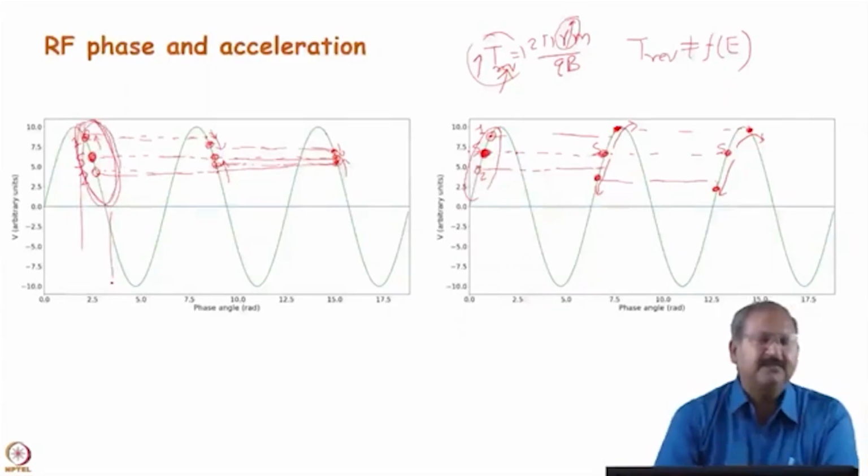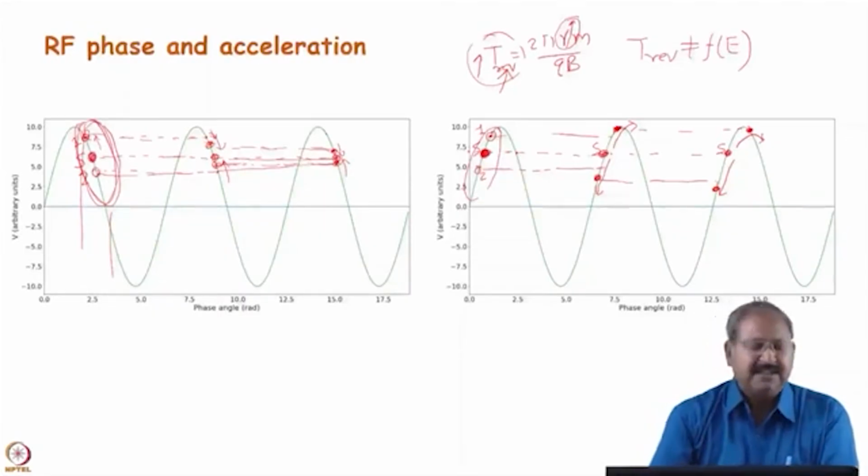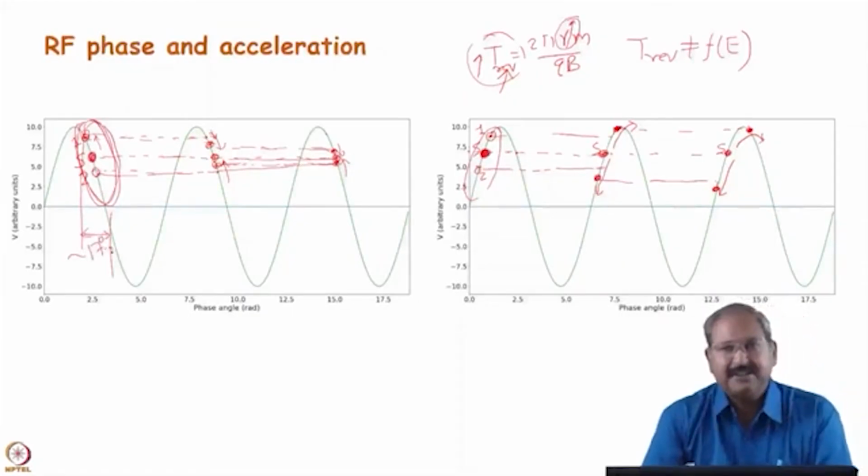So stable particle motion is possible only on the falling edge of the RF field. Now when we take integer values of a and b as 1 and 2, we get approximately a 20 degrees span. To be very exact, it is nearly 70 degrees span of the phase where stable motion takes place.